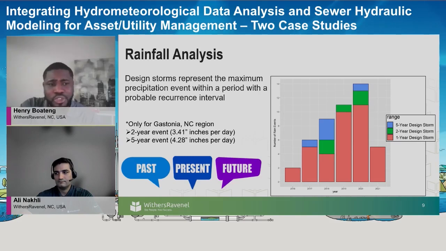Do we have to strictly stick to our design storms as a measure of our system's function? Because those IDF curves that were created years ago were in different climates. And now the climate is absolutely different from what it was before.